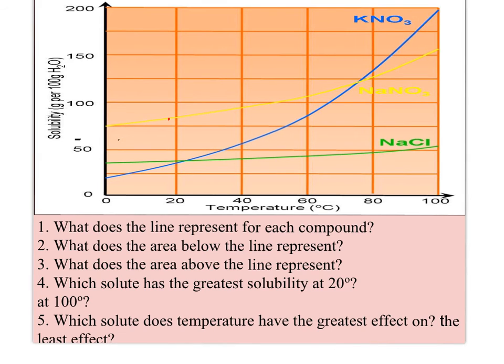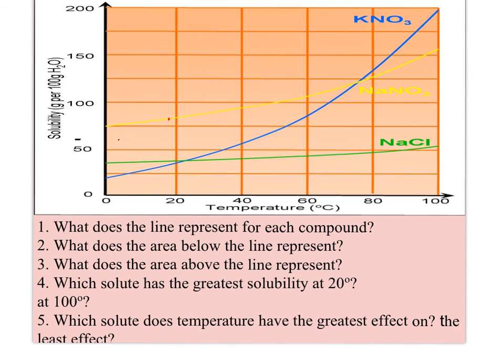So then any amount below the line, below the yellow line, below the blue line, below the green line, that's where it's unsaturated, when you put in lesser amounts. So what does the line represent for each compound? It represents the saturation or the solubility. What does the area below the line represent? That represents when it's unsaturated.